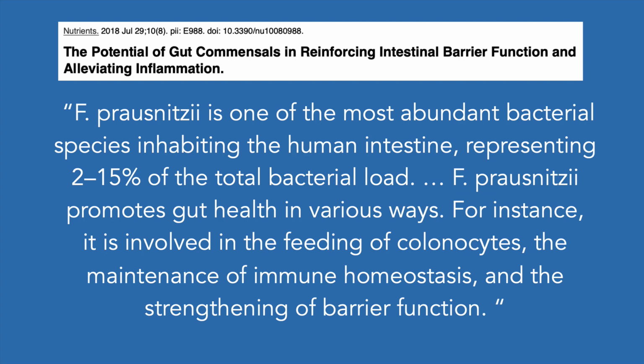And again, it performs those beneficial functions partly due to the fact that it produces butyrate, and it's one of the main butyrate-producing bacteria. And it turns out that butyrate is actually the main energy source for the colon epithelial cells. So again, it's really critically important for the health of the colon.